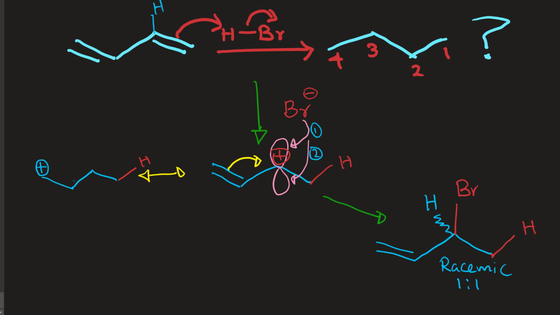Now, this is a resonance structure. You need enough thermal energy and time for that to move that way. And if that happens, the Br minus will attack the carbocation, which is now at the terminal, or the fourth position, right? So that would be a 1,4 addition.